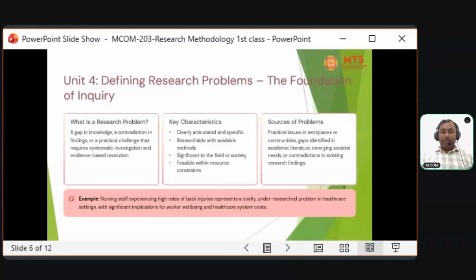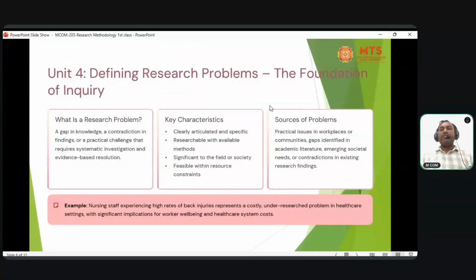Defining the research problem is the foundation of inquiry. What is a research problem? A gap in knowledge, a contradiction in findings, or a practical challenge that requires systematic investigation and evidence-based resolution. This is called a research problem.